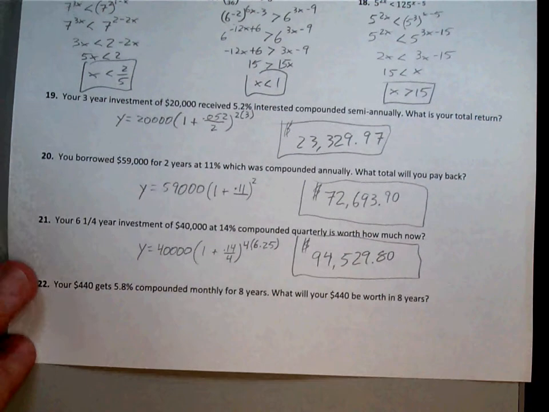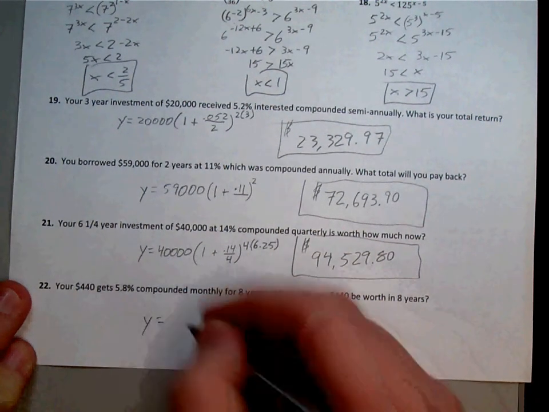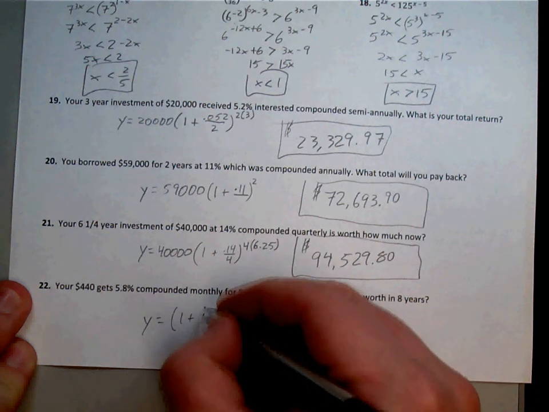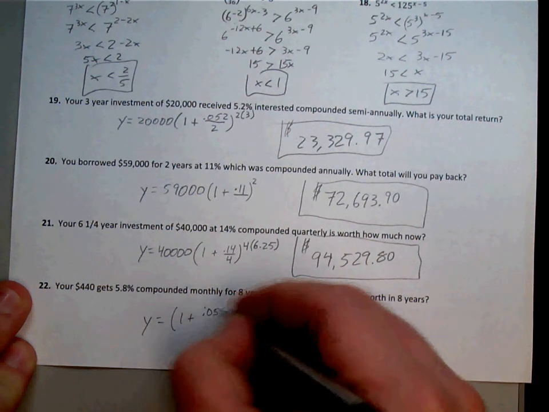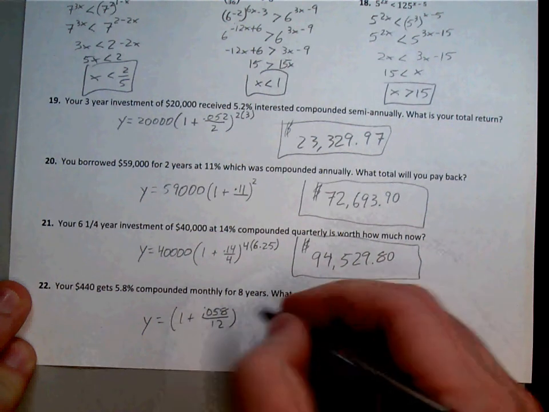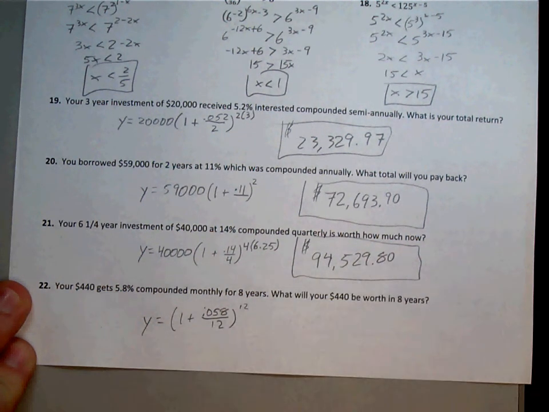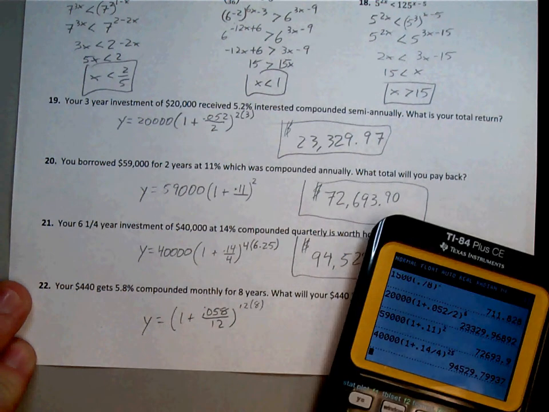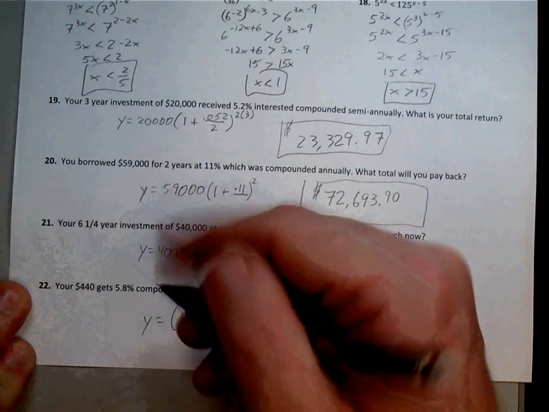Lastly, $440. It's compounded monthly. Let's see, 0.058 divided by 12. 8 years. Oops, I forgot my 440.